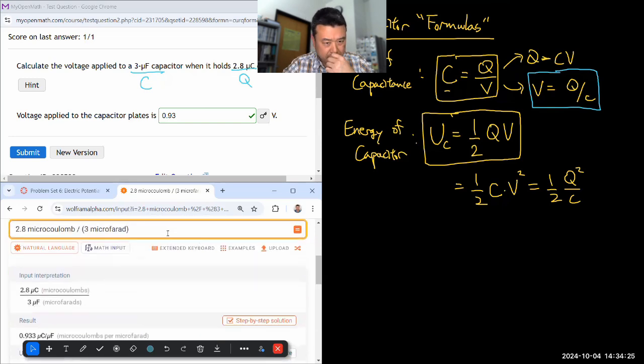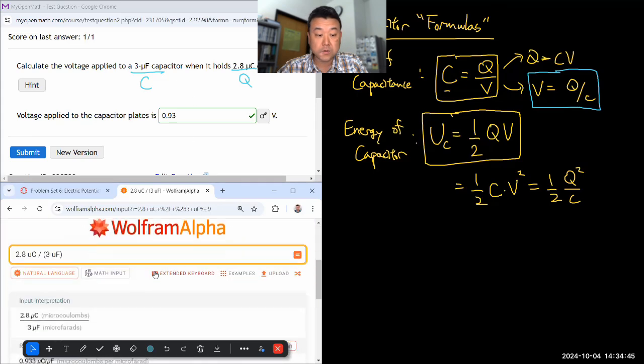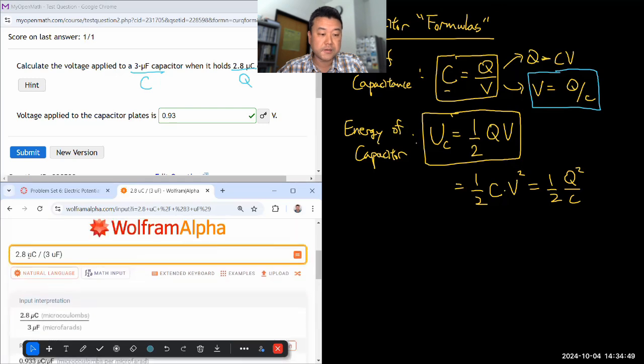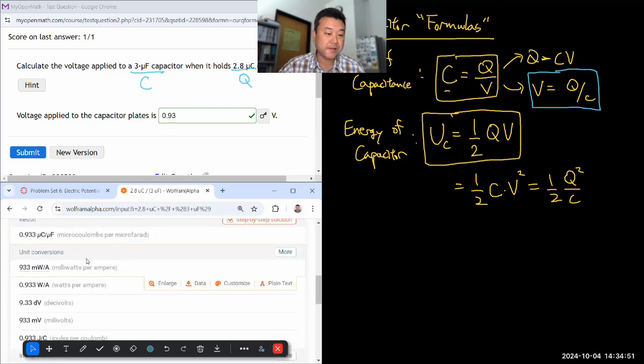And sometimes people use letter U to mean micro, which isn't right, because that U-looking thing is mu, a Greek letter. But I believe Wolfram Alpha will understand this non-standard notation just because it's so common. You can always double check that it did understand you correctly.